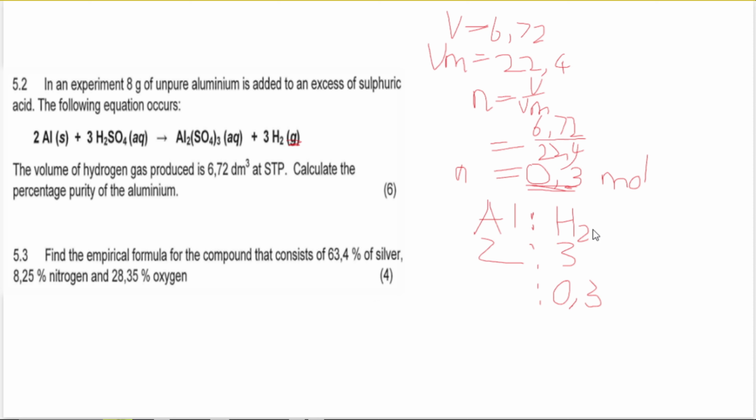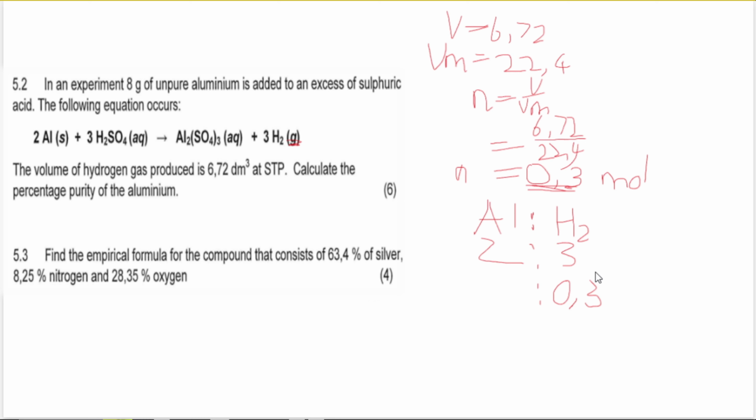So we take the total number of moles divided by the ratio numbers, the mole numbers, which is this 2 and 3. So we're going to divide it by 3 because that's the mole ratio for hydrogen, right? And that's going to give us 0.1.